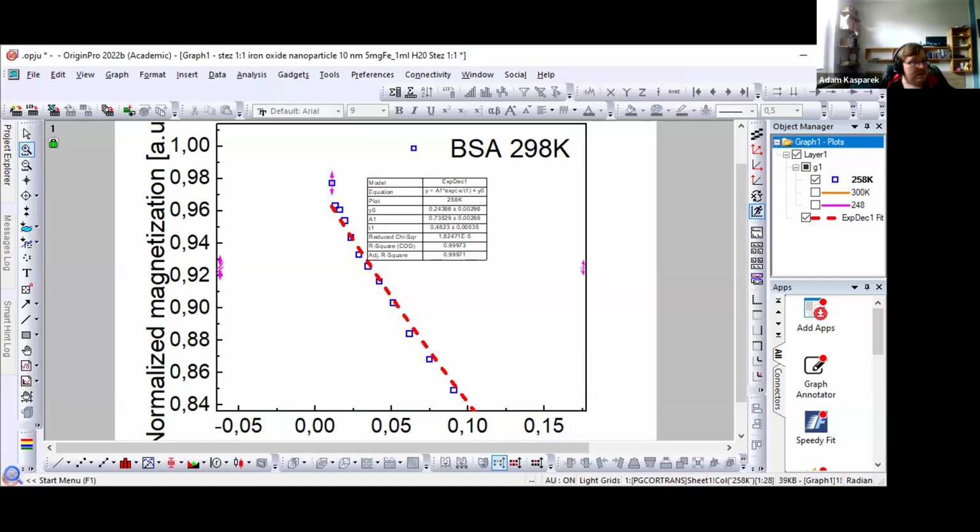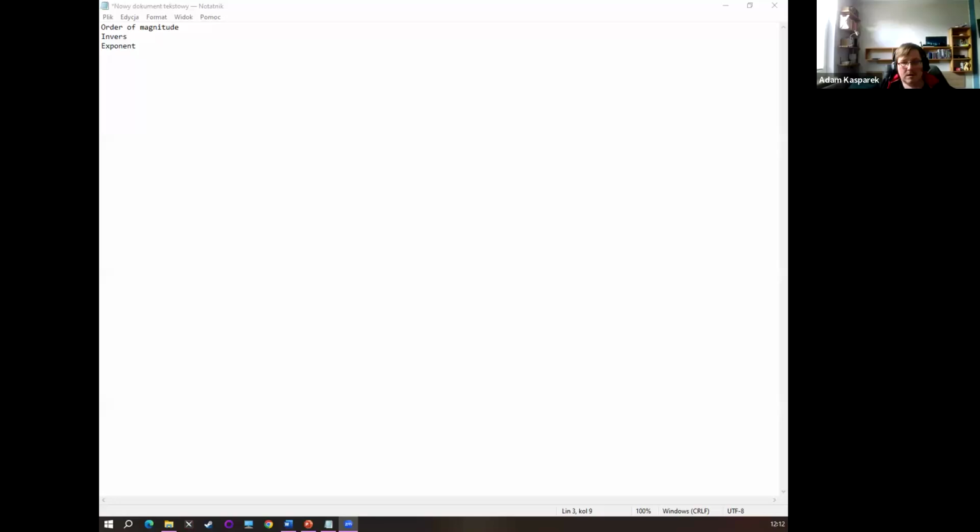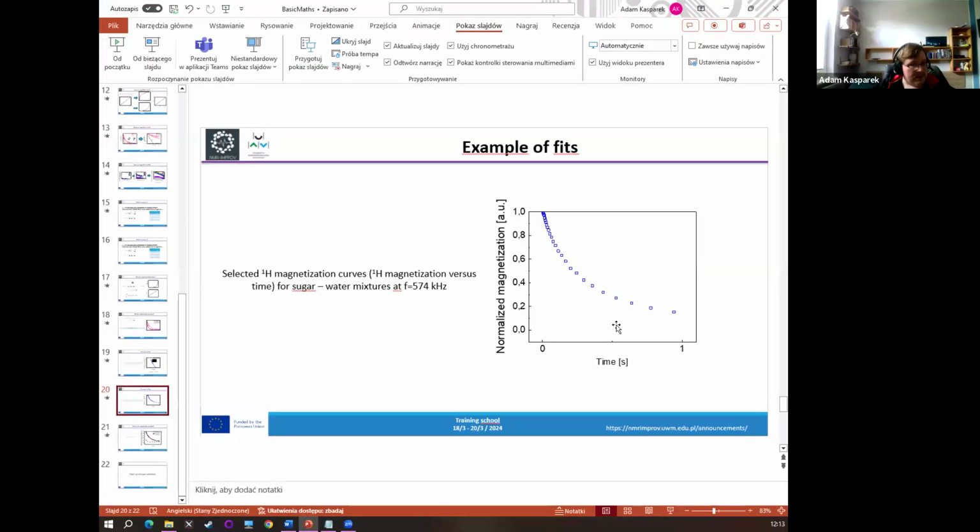Actually, I should probably share the screen again. Here we have another magnetization, this time for a mixture of sugar and water.